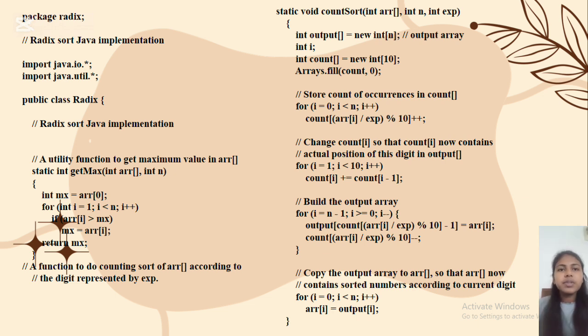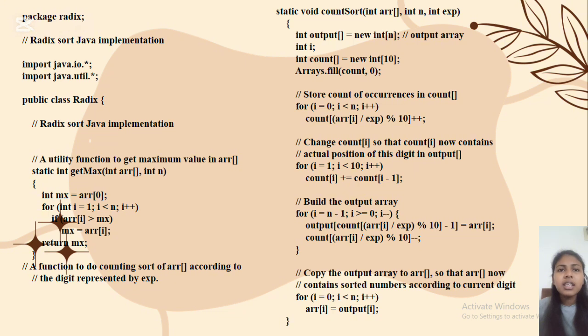Here, int output stores the sorted version of the array based on the exponent digit. In count, it initializes an array of size 10 for digits 0 to 9, and sets all the elements to 0 using Arrays.fill. In the for loop, it iterates through the array and counts the occurrence of each digit at the exponent position.